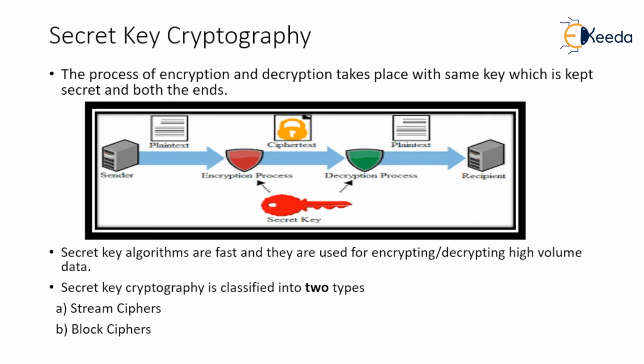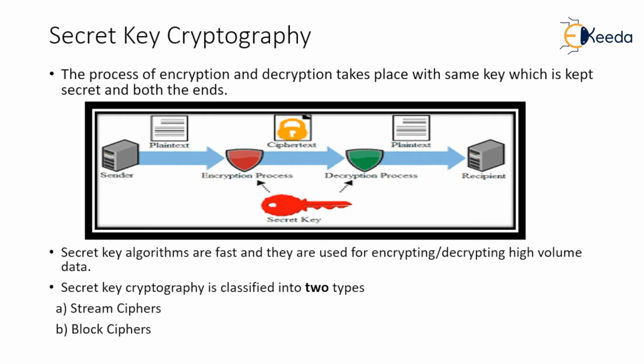Similarly, at the receiver's end, the decryption process takes place. Receiver, when it receives the ciphertext, decrypts it and converts it into the plain text. For this process, it uses the same key, which is the secret key used by the sender for the encryption process.